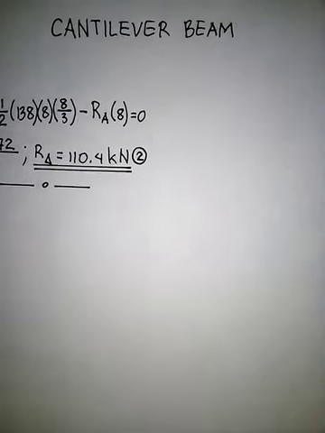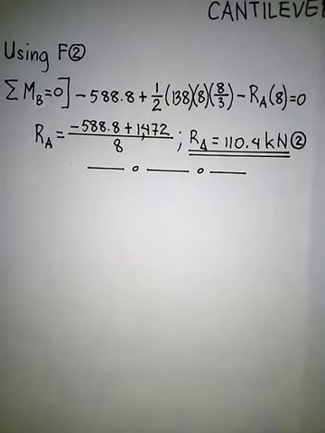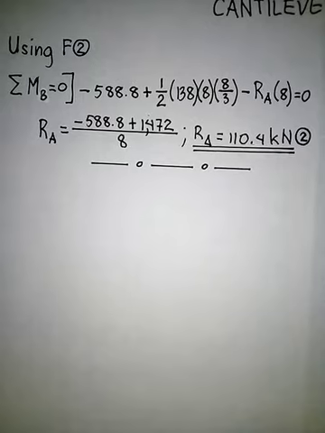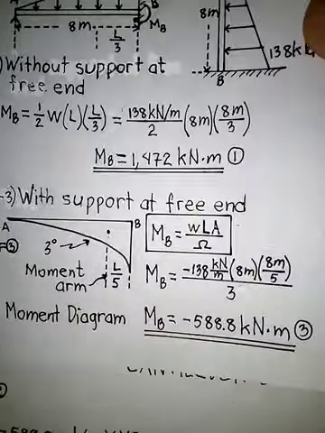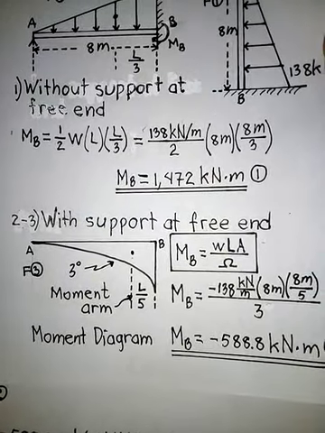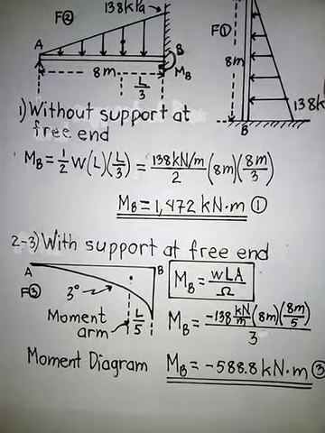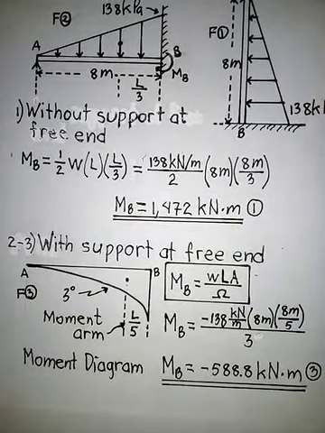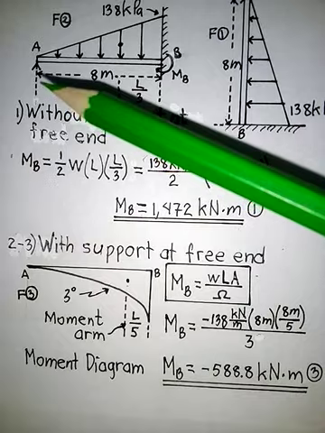So for number 2, using figure 2, so we have here figure 2, this one. So we will compute for the force exerted at the plumb end, or the reaction at the pre-end.